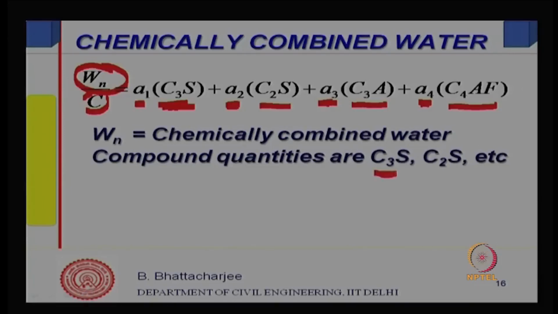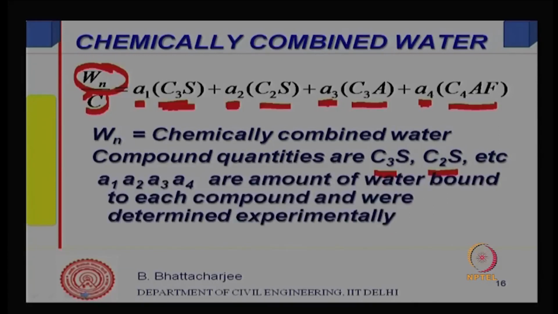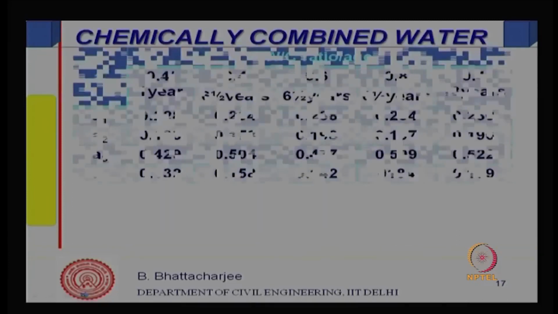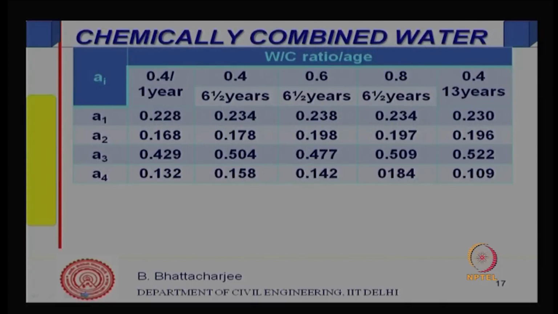The compound quantities proportion would be C3S, C2S, etc. Now, people have actually done very long term experiments to find out the amount of water bound to each compound, and these results are actually given in this table.